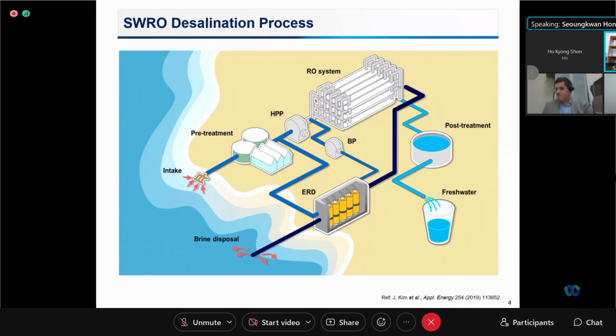The pre-treated fluid is then supplied to the RO system with pressurization by high pressure pump. Lastly, hydraulic pressure in the concentrate is recovered by ERD, energy recovery device. The efficiency of HPP and ERD significantly influences the total energy consumption in SWRO desalination.